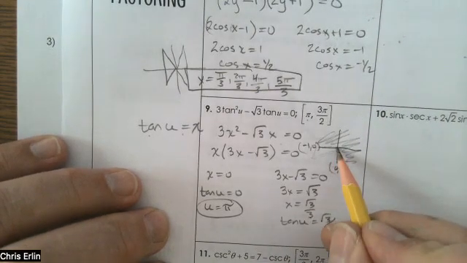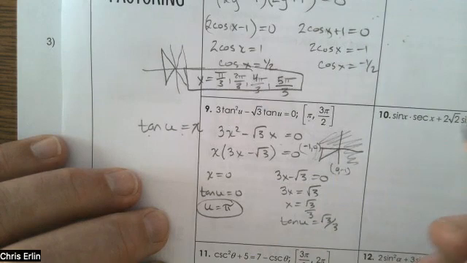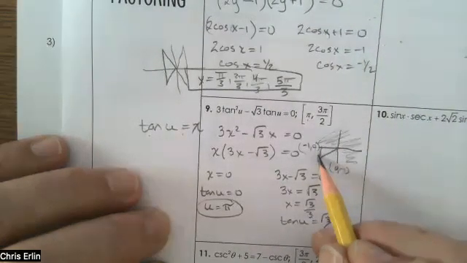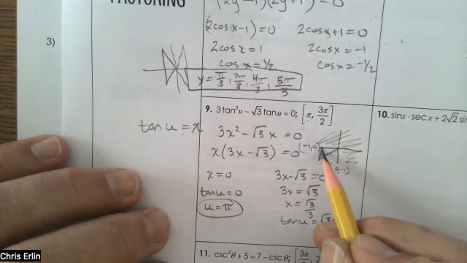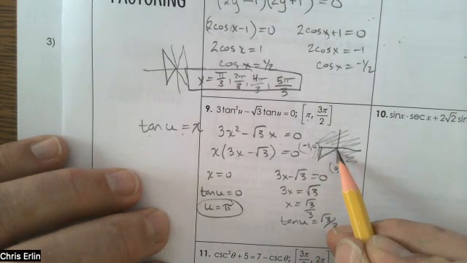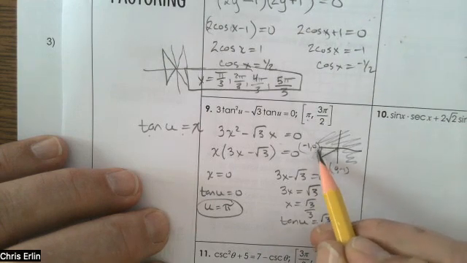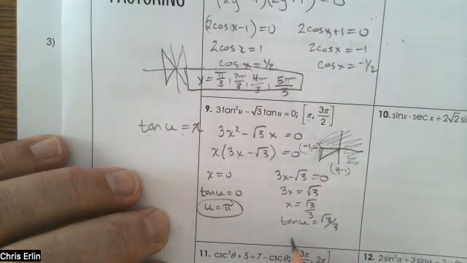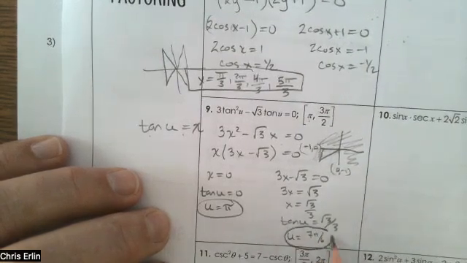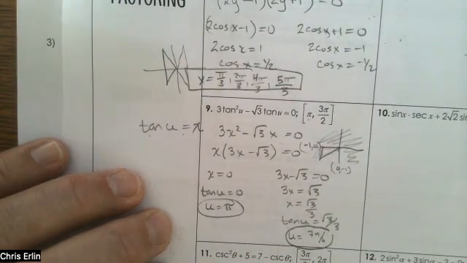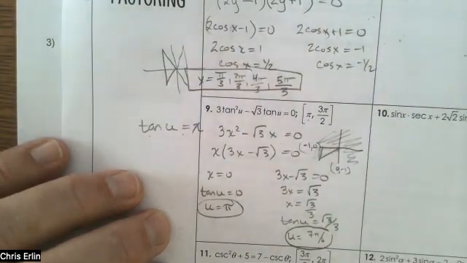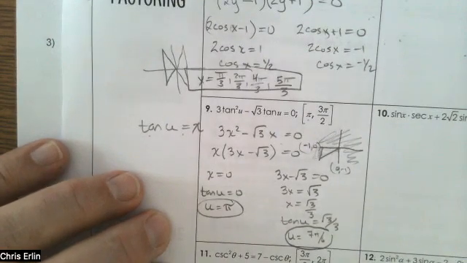That means that when I do my opposite over adjacent, my opposite side has to be smaller than my adjacent side. So I know that this is going to be my 7 pi sixths. Because that's the only region we're looking for, those are our two answers. Do you see how important algebra is in here?